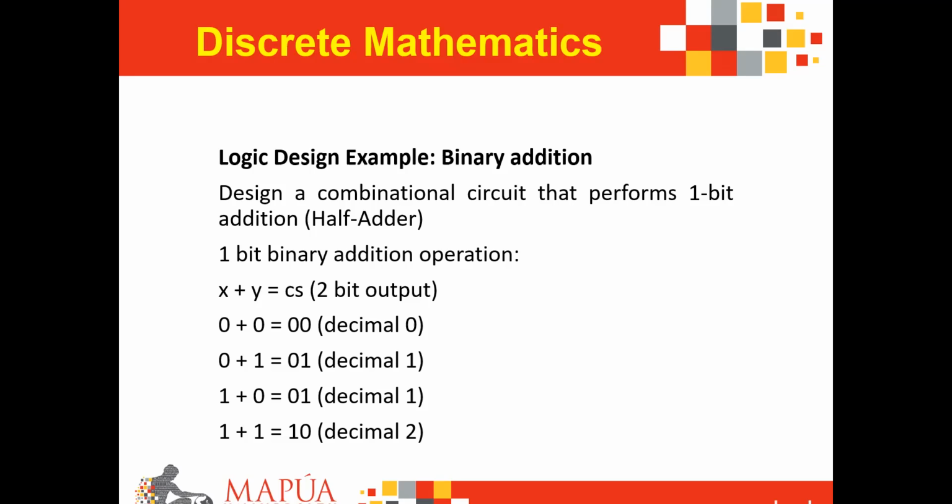Therefore, you end up with 1, 0, which is the binary representation of decimal 2. Hence, the outputs of your binary addition are a sum, seen on the rightmost bit or the least significant bit of your 2-bit answer, and a carry, seen on the most significant bit of your 2-bit answer.